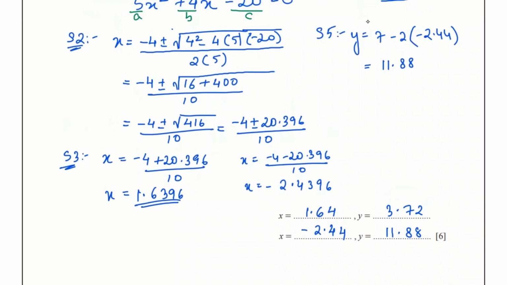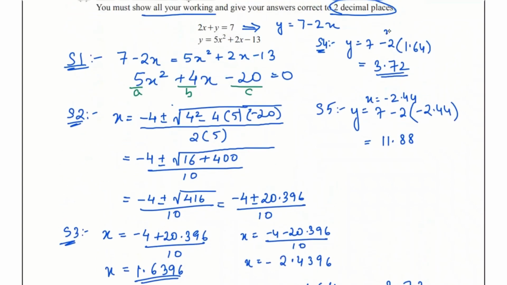This is when x is equal to -2.44, and the other is when x is equal to 1.64.